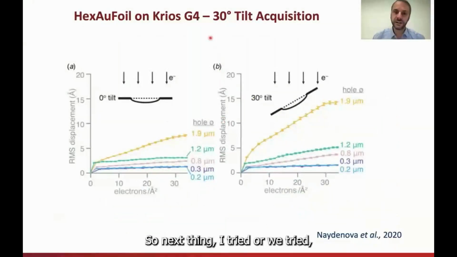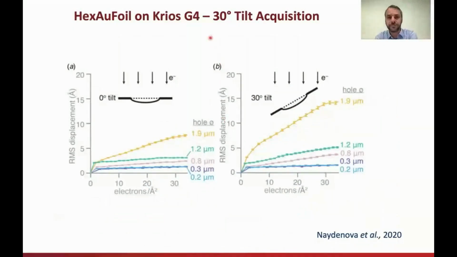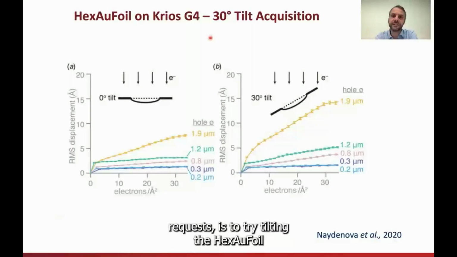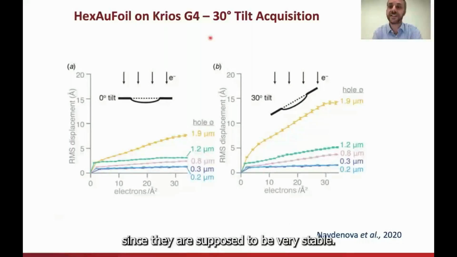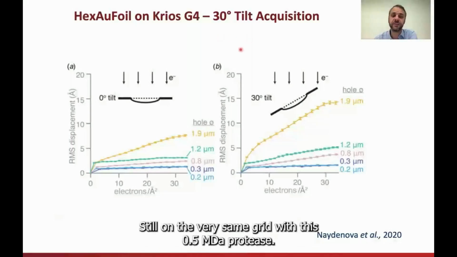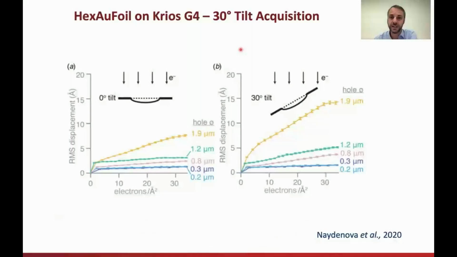The next thing I tried, or we tried, because we are getting more and more requests, is to try tilting the Hexafoil, since they are supposed to be very stable. We are still on the very same grid with this half megadalton protease. I tried tilting. Why do we tilt?